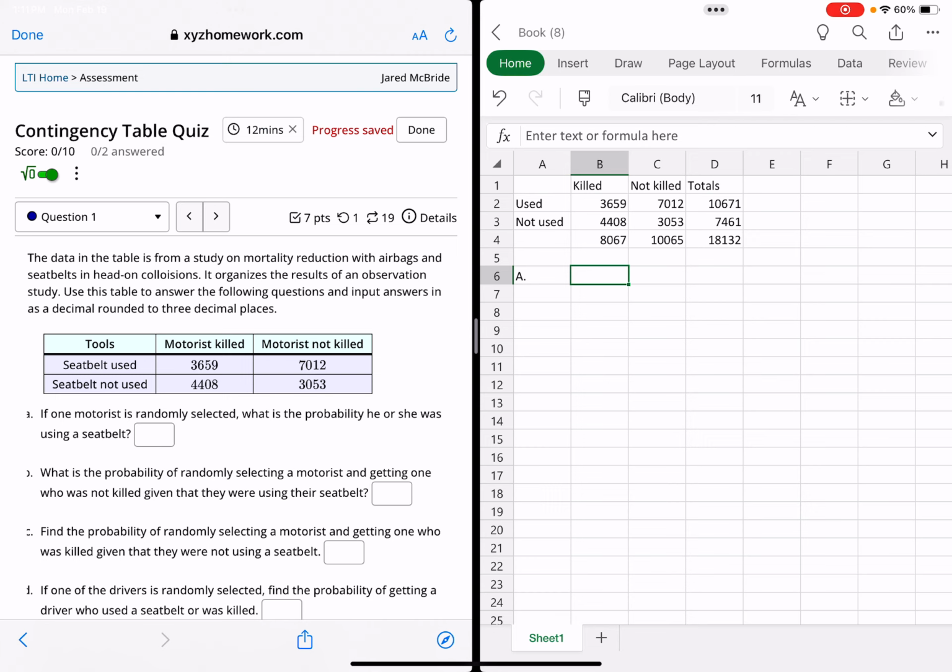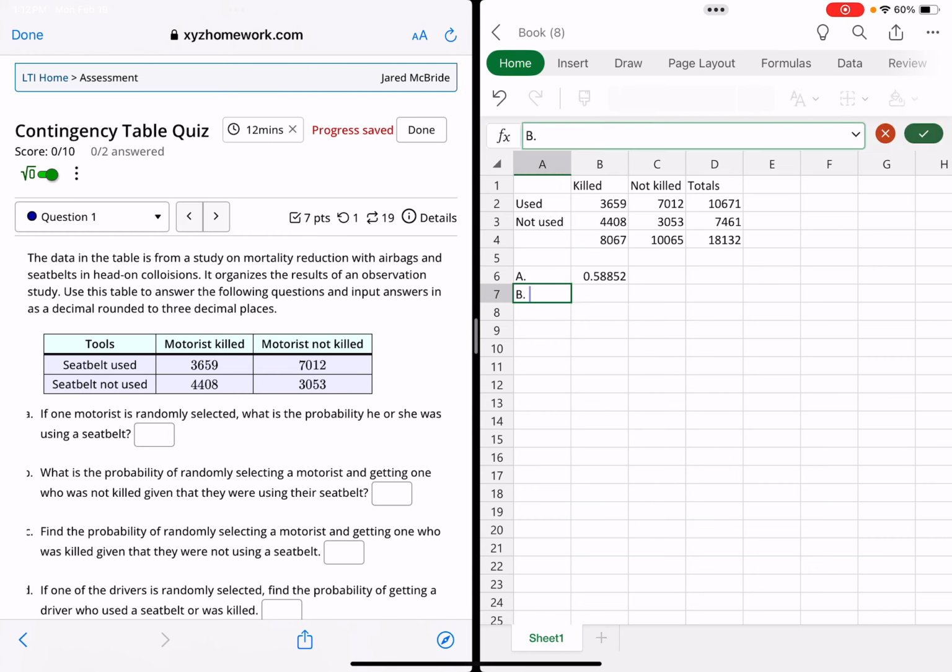Okay, A: if one motorist is randomly selected, what's the probability that he or she was using a seat belt? So that's going to be used seat belt divided by total. Enter.